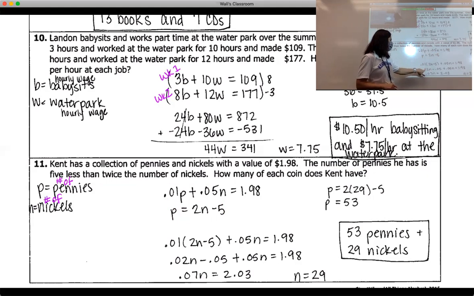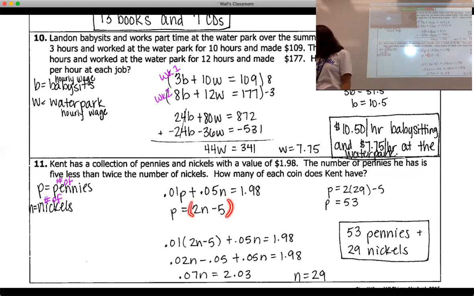They actually didn't use elimination here. They used substitution, which is ideal since we have a variable isolated. So if we plug 2n minus 5 in place of p, I know that's kind of throwing it back to yesterday, so you have to remember what we were working on yesterday. 0.01 times p, which becomes 2n minus 5.